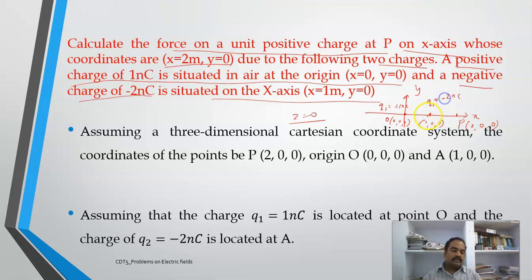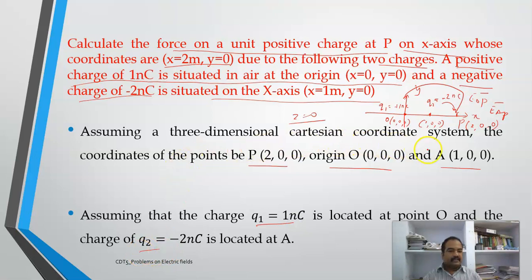So he wants to compute the field at this particular point. So two charges can develop a field. One is EOP, the other one is EAP. Okay, so these are the points and these are the charges which I have mentioned.